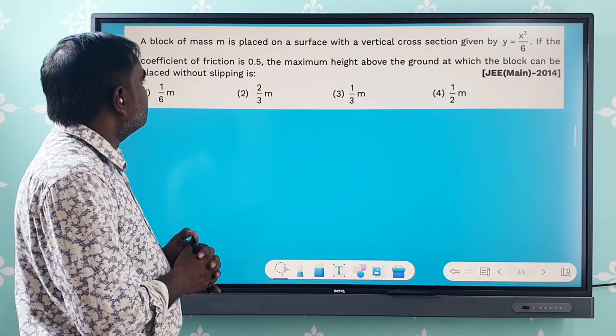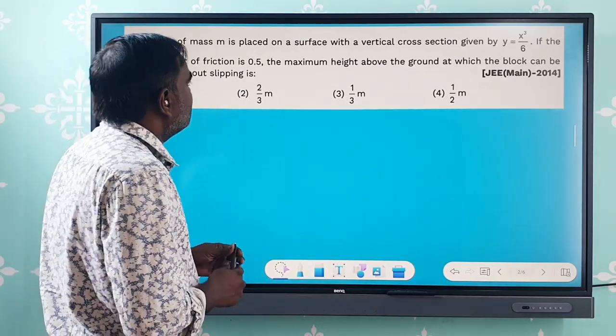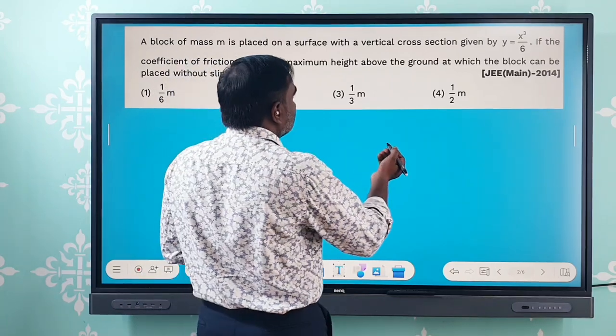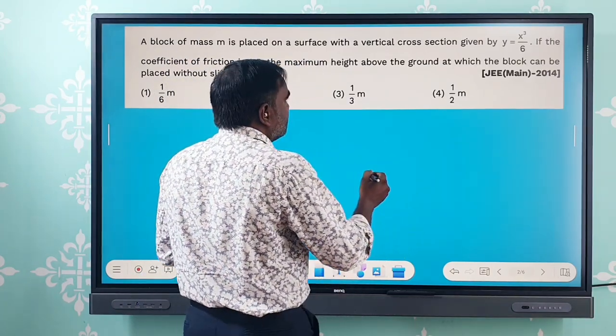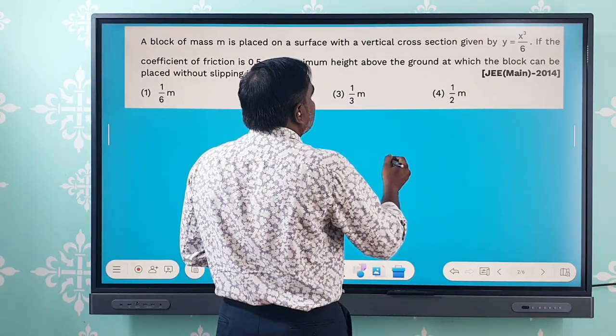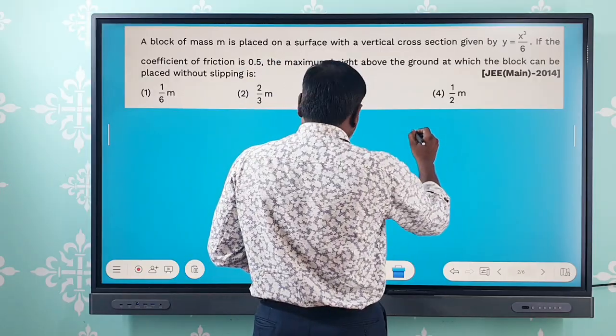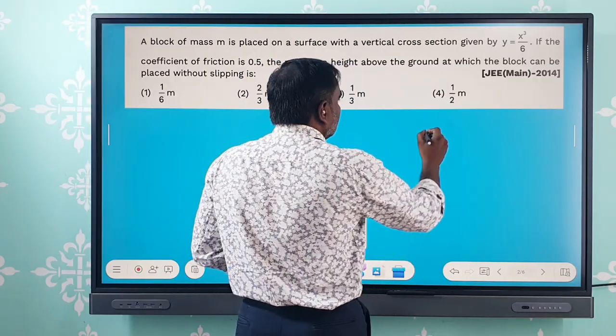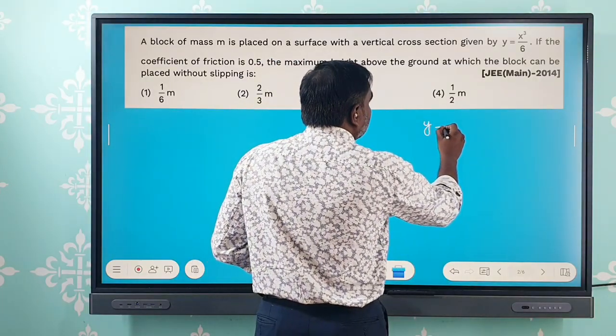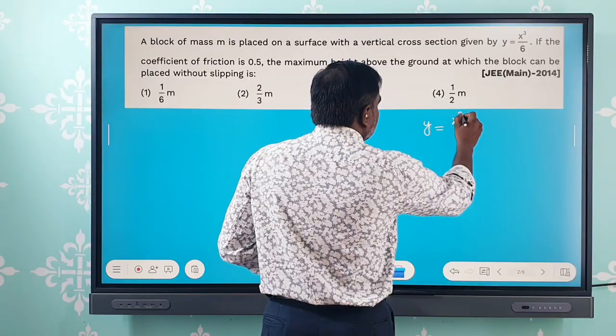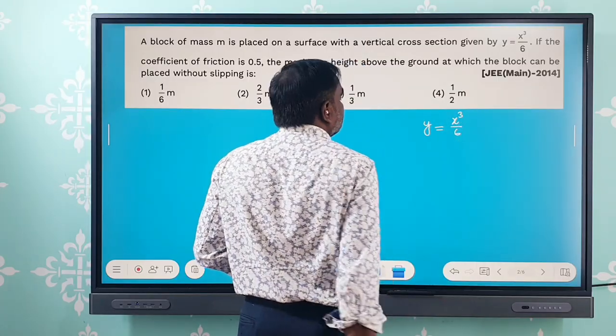So let us start here. We will draw the vertical cross section. The vertical cross section is given by y is equal to x³/6.